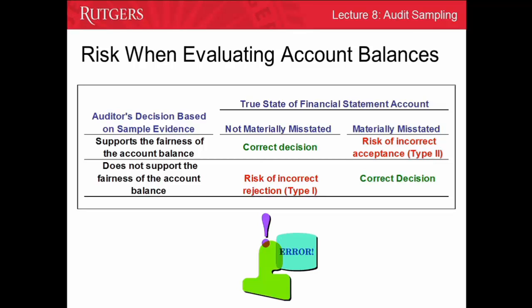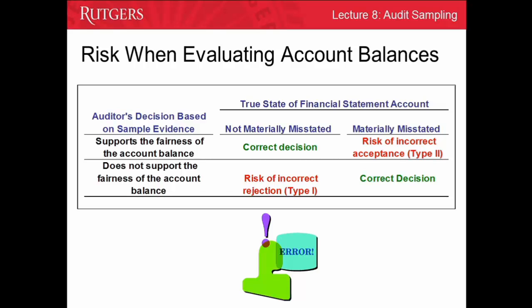This table illustrates the risks auditors face when evaluating account balances based on sample evidence. If the evidence supports the fairness of the account balance and the account is not materially misstated, the auditor has made a correct decision. If the evidence doesn't support the fairness of the account and the account is materially misstated, a correct decision has also been made. The other two combinations result in decision errors by the auditor.